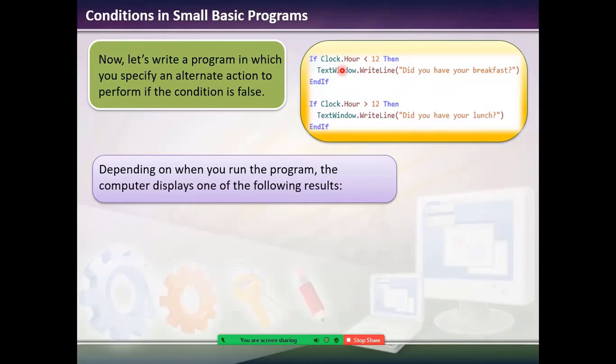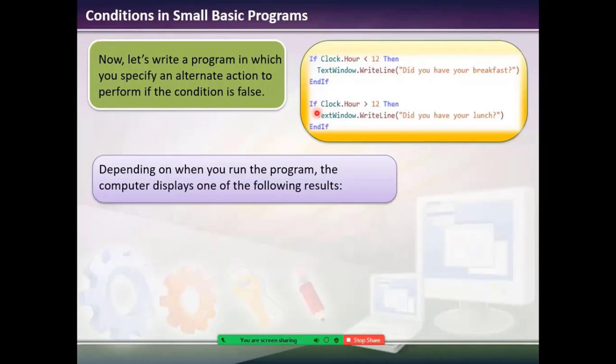In this first if structure, it says if the hour of the clock is less than 12, it means the morning session. If the time is in the morning session, then this question should be displayed: did you have your breakfast? With this keyword end if, this structure terminates.